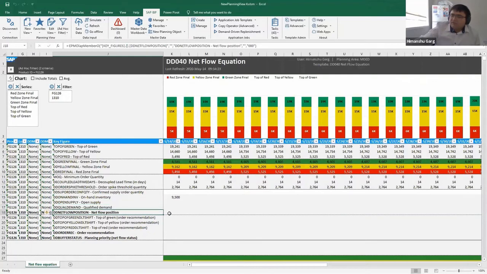Net flow position is nothing else but the open supply minus qualified demand. How much is still available to fulfill the orders.